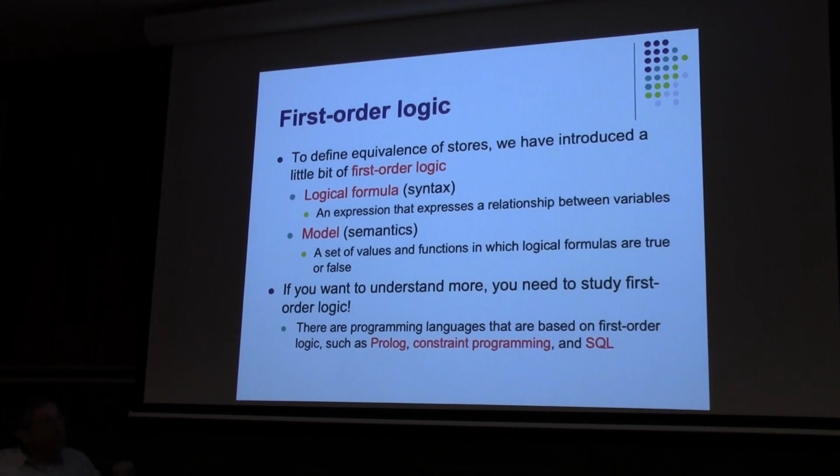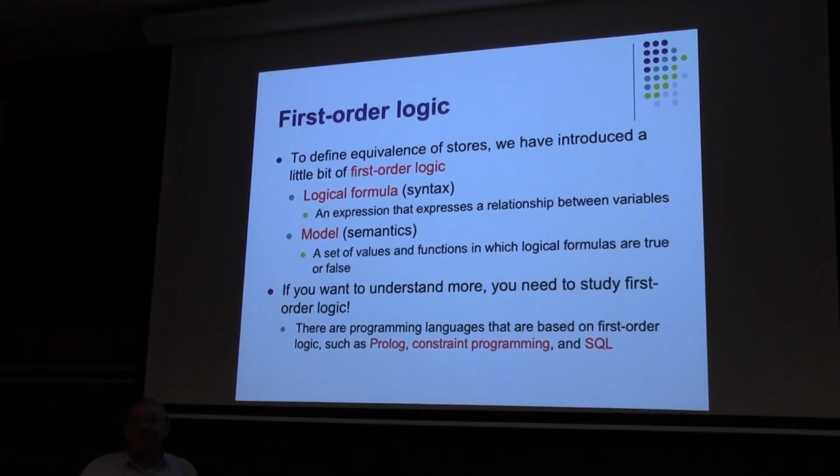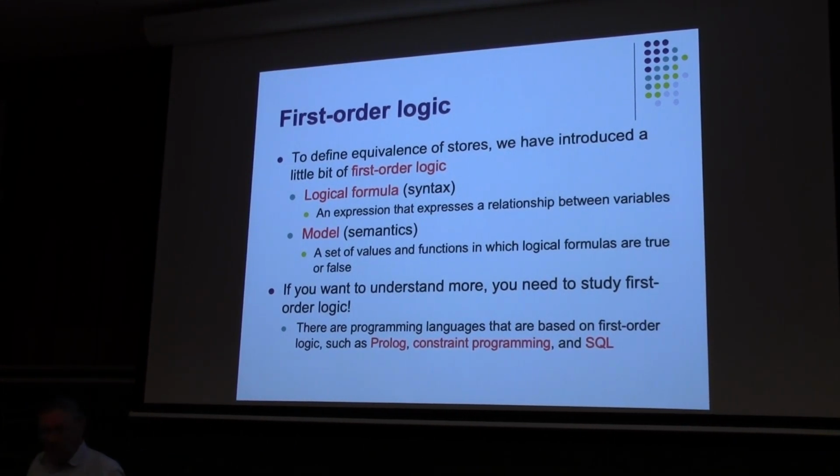So I've just given you a small piece of logic, just enough so that we can define declarative programming. What I'm showing you here is actually useful to really try to understand, because if you ever learn logic later, you will continue this.